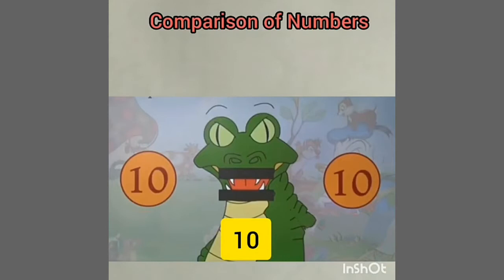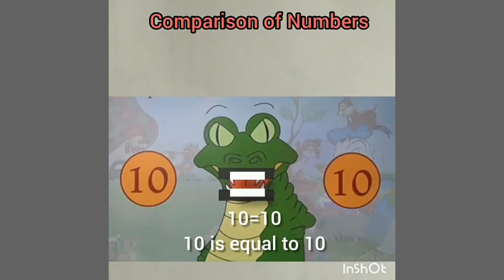The same number 10 is on both sides, so the alligator can't decide which side to open its mouth. When we show the equal symbol, it is 10 is equal to 10. When both the numbers are the same, we use the equal to symbol.